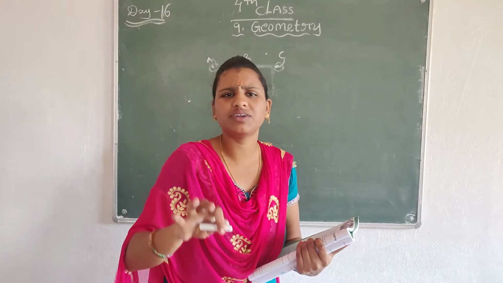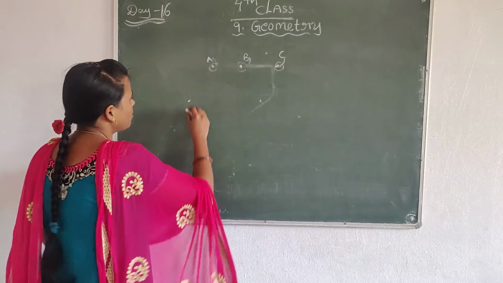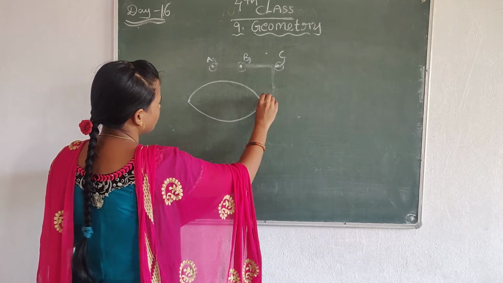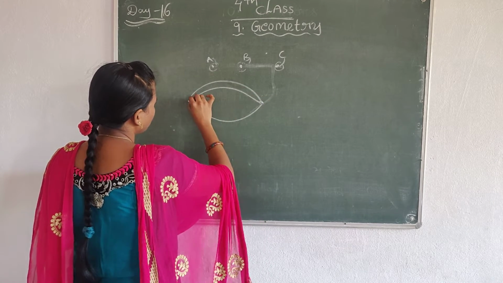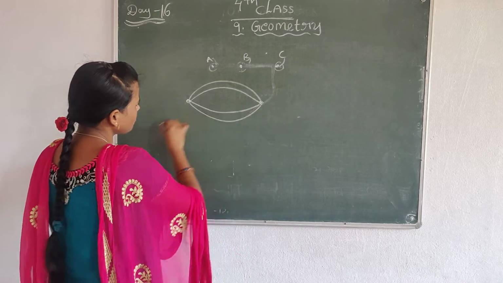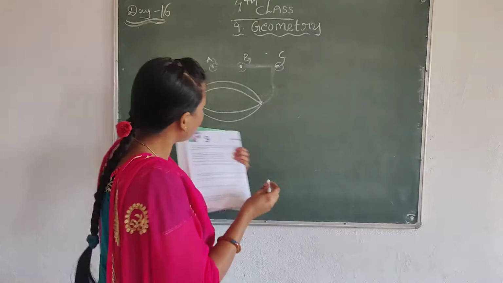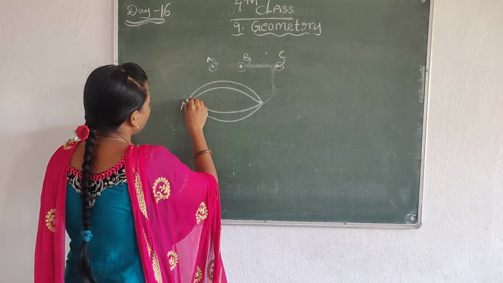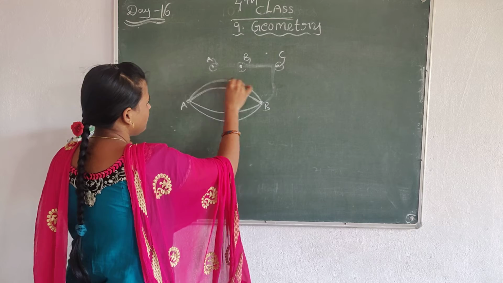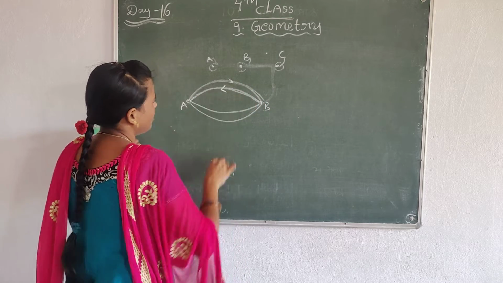However it goes, like this, like this. See, it reaches A to B or B to A. For example, take this point A and this point B. It reaches this way, and from B to A this way.